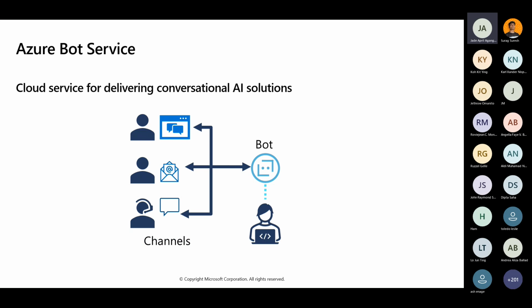So in Azure Bot Service, for example, if you go to a certain site, there are those who would answer your queries directly. So these are the Azure Bot Service. They could answer your chat messages if ever no human intervention is available.